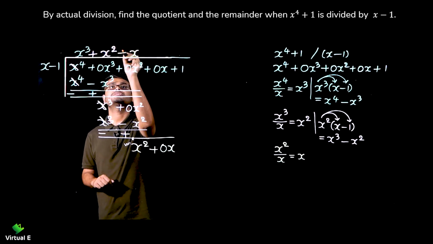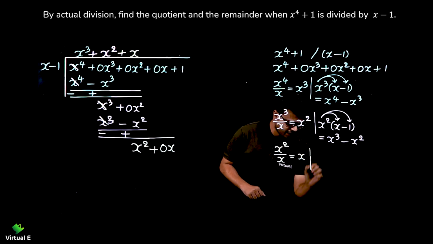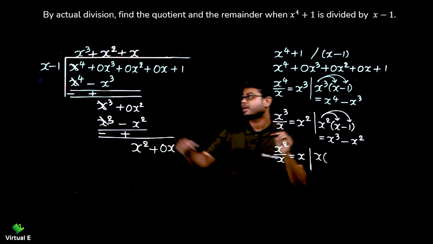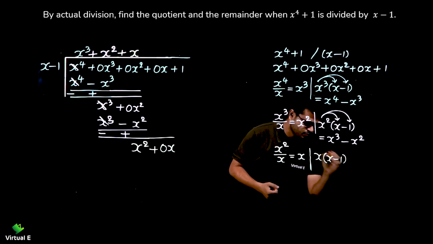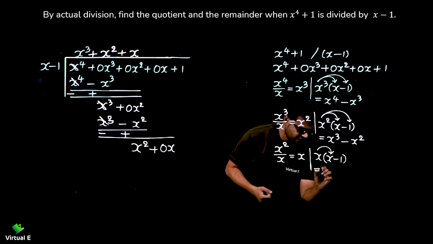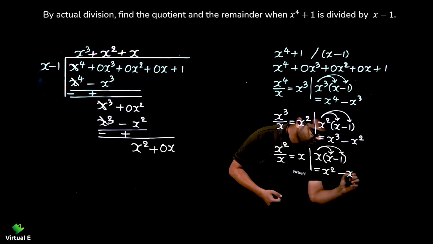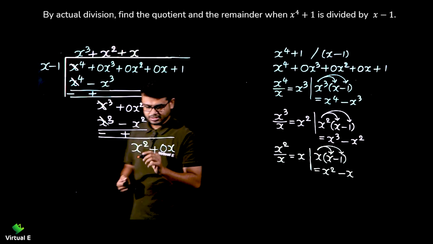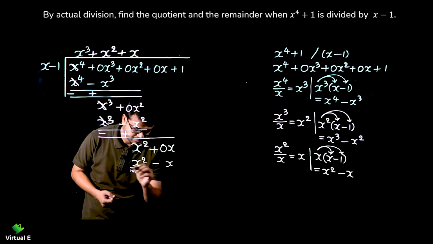No sign means positive. Now this x needs to be multiplied with the divisor x minus 1. So x minus 1 it is. x into x will give you x square and x into 1 will give you minus x. So here it is x square minus x.